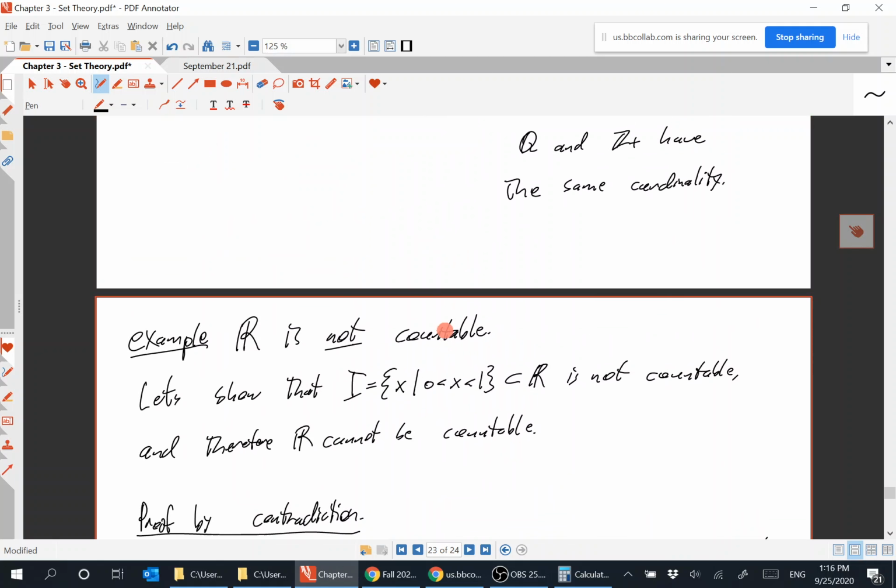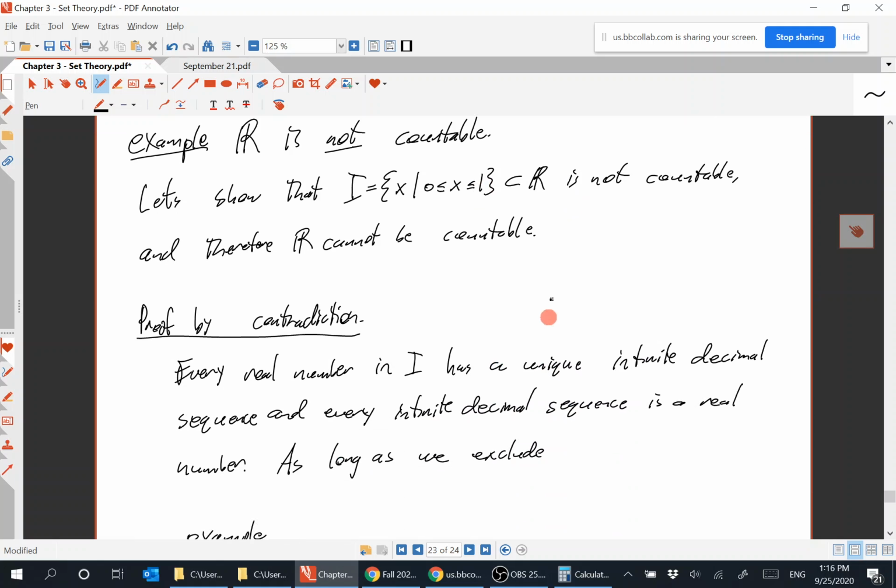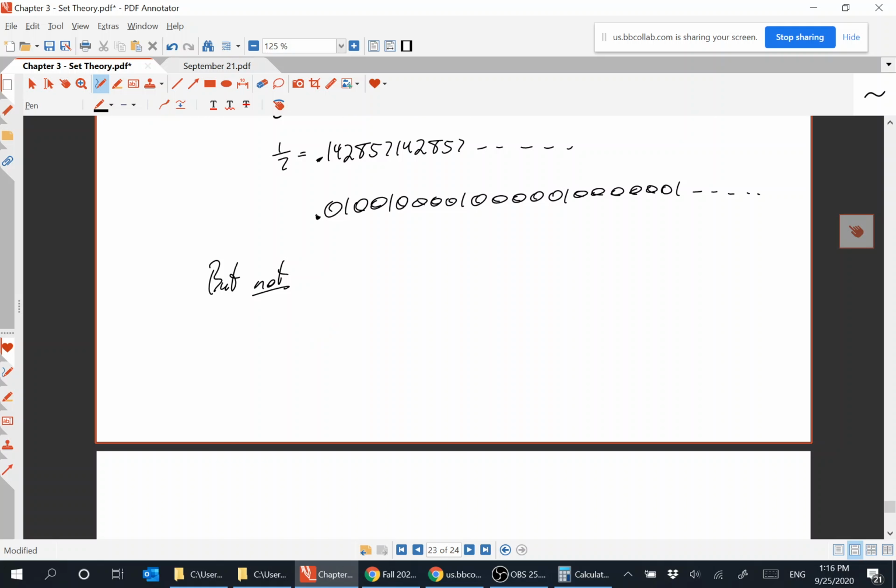Oh, let's do less than or equal to. But not 0.9999999, otherwise known as 1. That's 1.